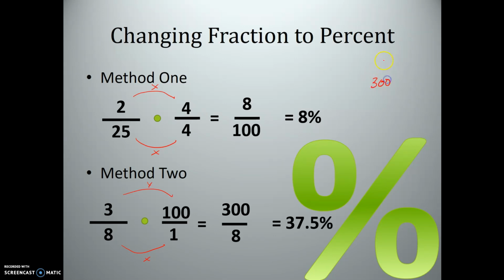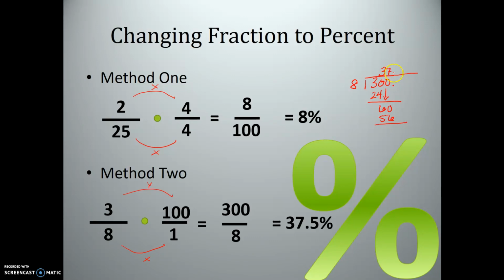Let's just make sure that we know what we're doing. So 300 divided by 8, 8 goes into 30 3 times. 3 times 8 is 24. 30 minus 24 is 6. I'm going to bring down that 0. 8 goes into 60 7 times. 7 times 8 is 56.